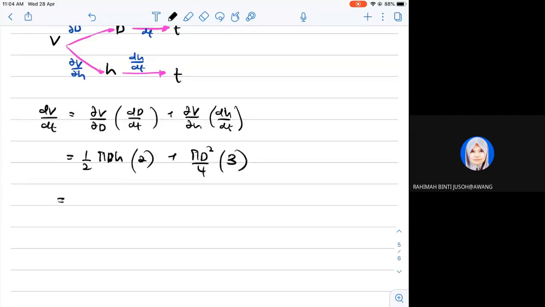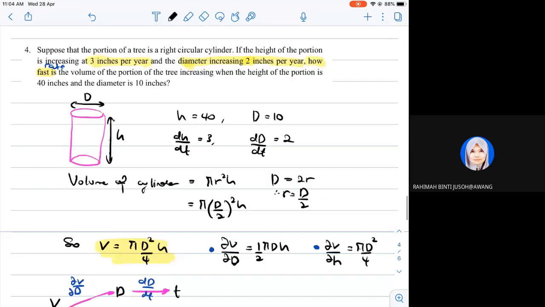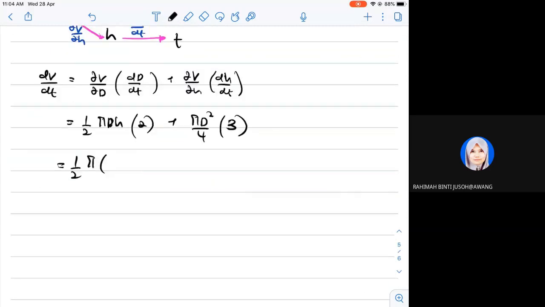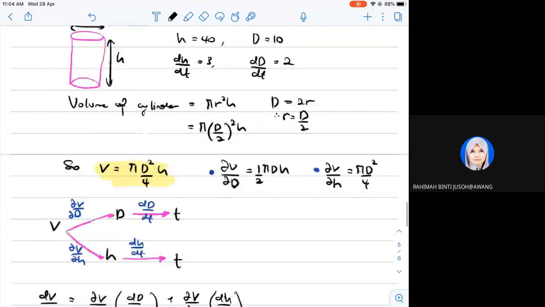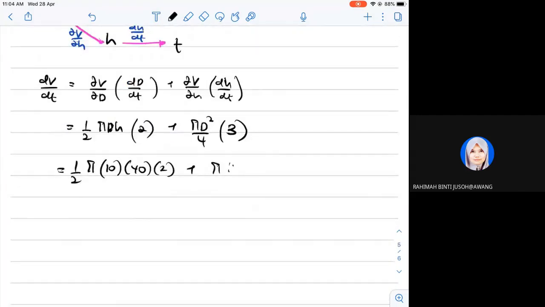So substitute the values of D and H. Okay, so 1 over 2 times pi, D equals 10, and then H equals 40, times 2, plus pi, D equals 10 earlier, 10 squared, times 3 over 4.